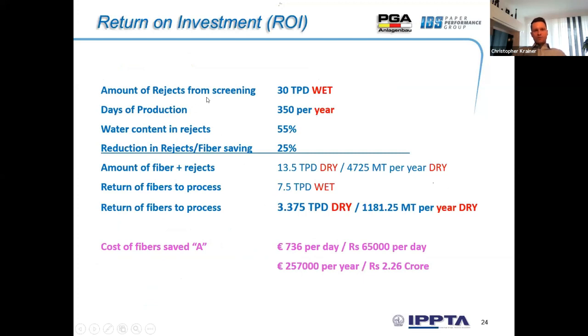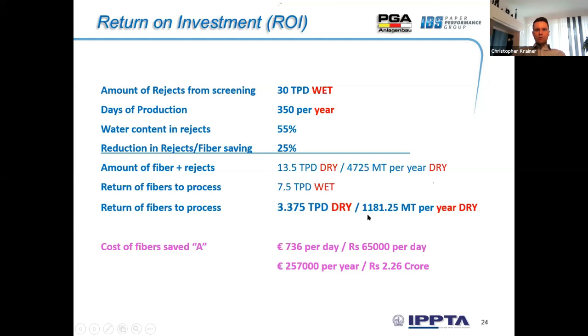Amount of fiber rejects from the screening in this case are 30 tons per day wet. We have 350 days of production. The water content in the reject is 55%, and the reduction in the reject fiber saving is around 25%. In this case, we can return 3.375 tons per day dry back to the process.